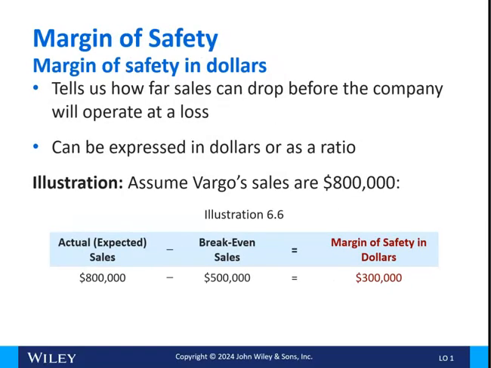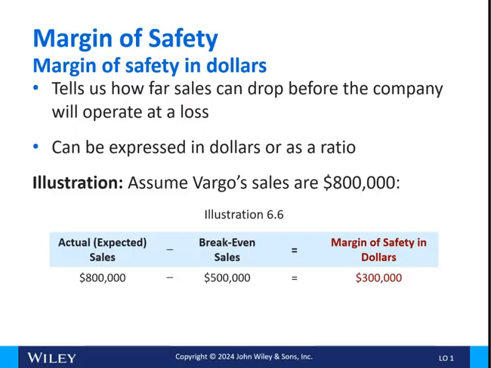And the margin of safety, so in dollars, tells us how far sales can drop before the company will operate at a loss. It can be dollars or a ratio, so we're going to look at dollars first. So if we look at our expected or our actual sales, $800,000 in this example, we subtract our break-even sales, $500,000 that we just calculated a few slides ago.